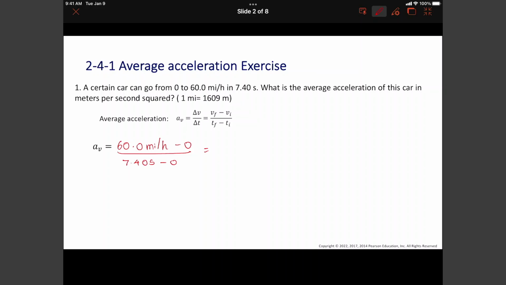So the answer is 60 over 7.4, and now we have to convert these miles and hours to meters and seconds.